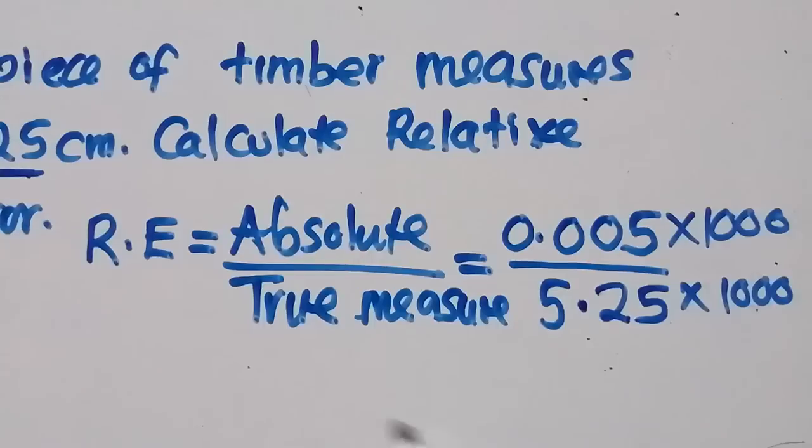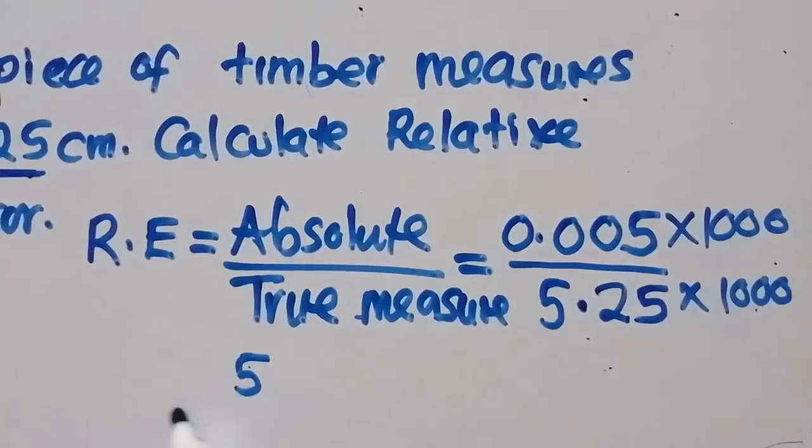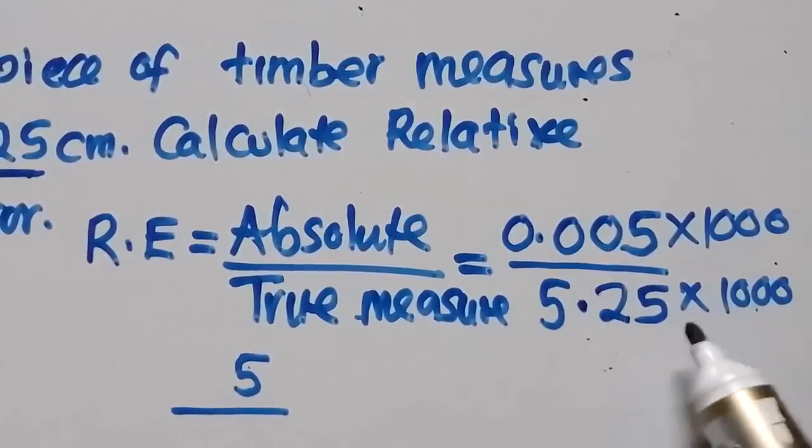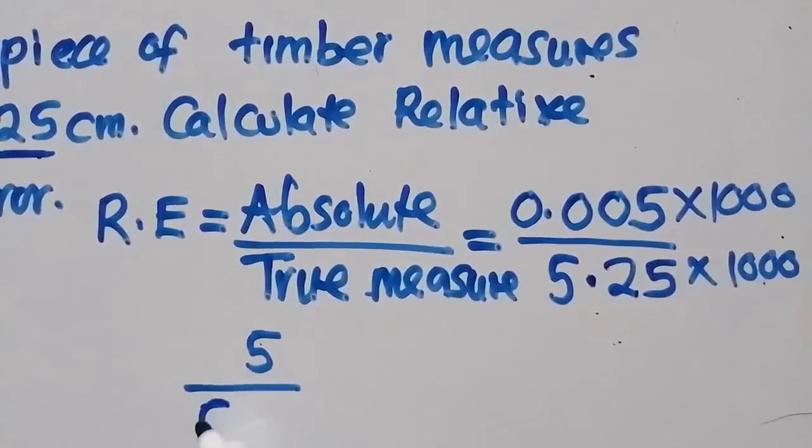So there you are going to have 5 over. When you multiply 5.25 by 1,000, what answer are you going to get? You're going to get 5250 if you do all the calculations.